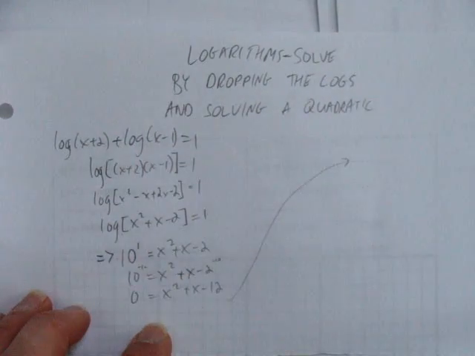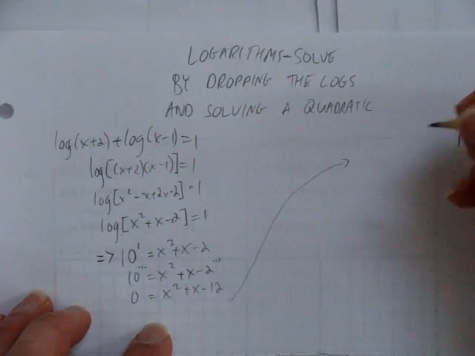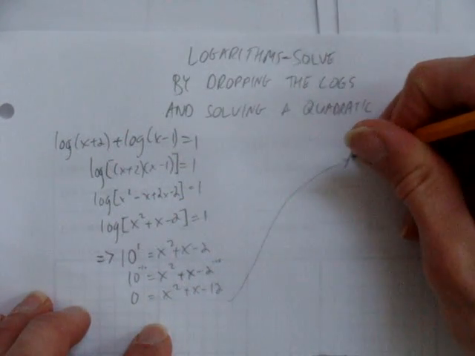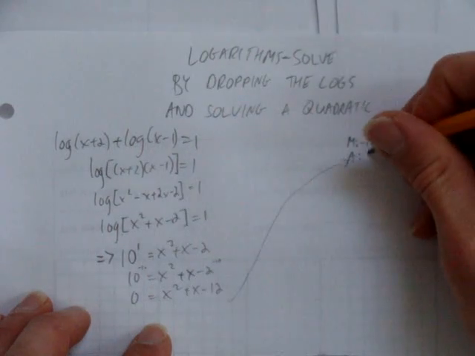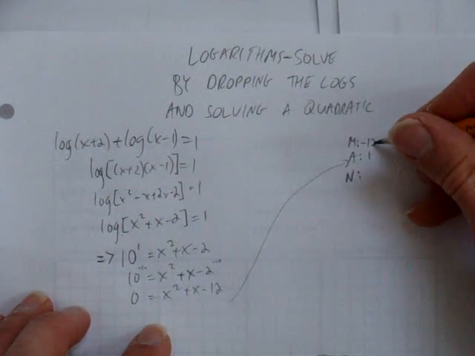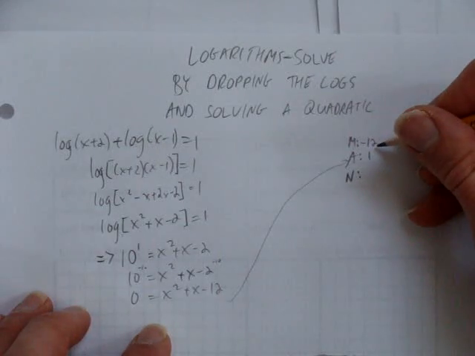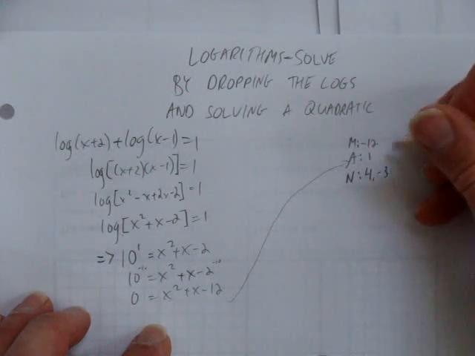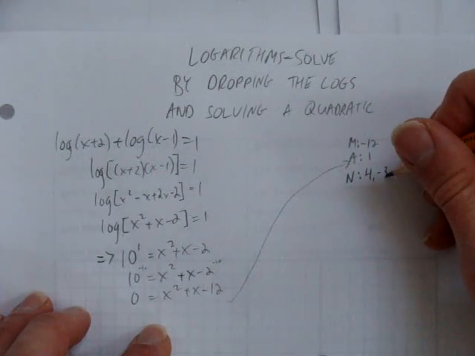I'll continue over here. What I'm looking for is something that multiplies to negative 12 and adds to positive 1. Well, the numbers that multiply to negative 12 are 4 and 3. I need to make one negative, so the 3 will be negative. That way they'll multiply to negative 12 but add to positive 1.